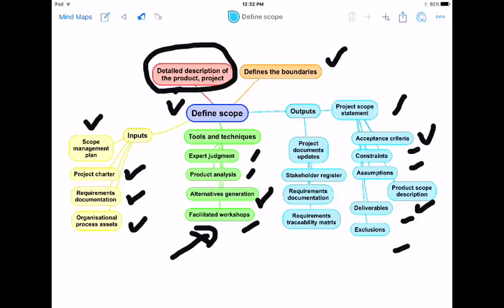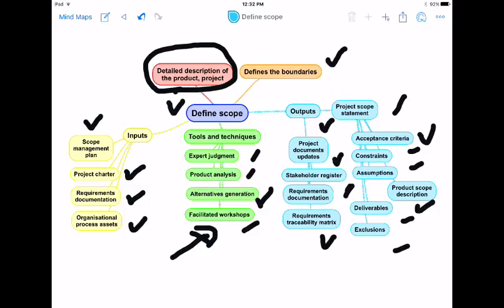And again, while defining the scope, sometimes we go back and update the project documents. Sometimes even the charter can get updated. We may update the stakeholder register. The requirements documentation may get updated, and the requirements traceability matrix we have to maintain.